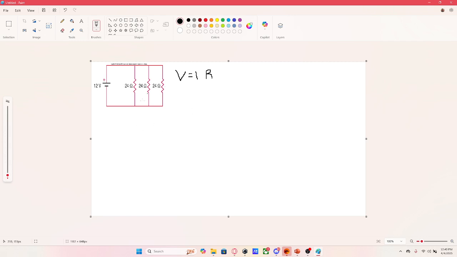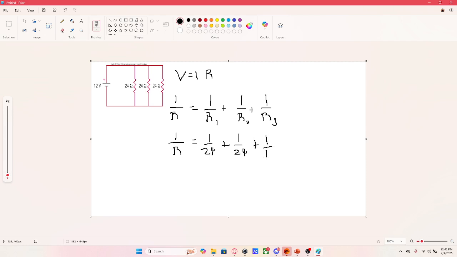So to find the value of R over here, we use the equation 1 over R equal to 1 over R1 plus 1 over R2 plus 1 over R3. 1 over R is equal to 1 over 24 plus 1 over 24 plus 1 over 24.